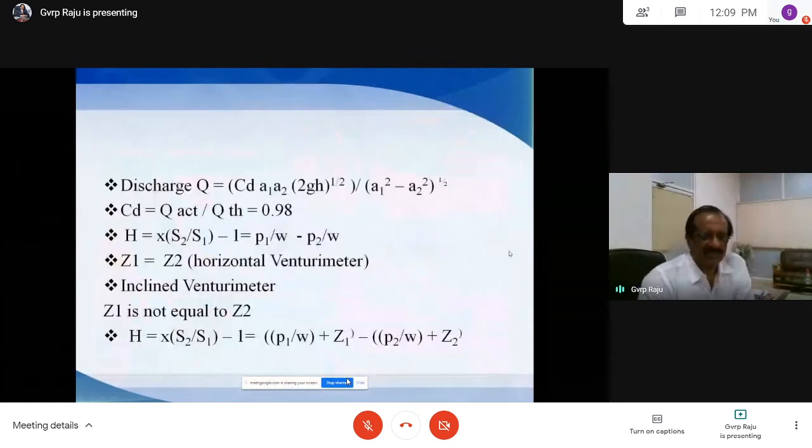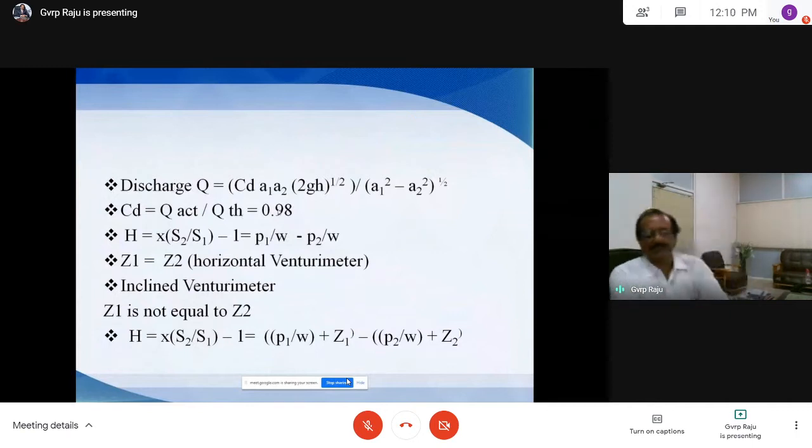So the coefficient of discharge Cd is actual discharge by theoretical discharge, and because we have made gradual convergent and divergent sections, the coefficient of discharge is 0.98 and should not be more than 1. Some students give more than 1.